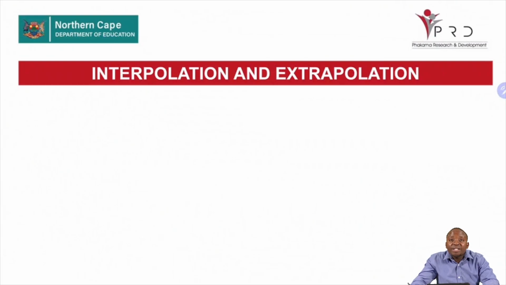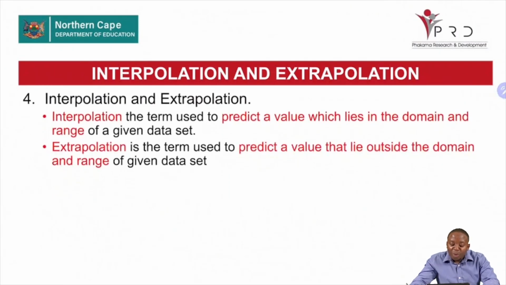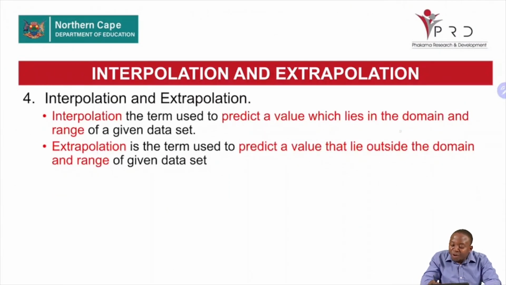Again, from the data that we've received, we have used interpolation and extrapolation. When we interpolate, we are predicting a value which lies within the domain and the range of the data set. It is a value that is not in the data set, but that value is within the minimum and the maximum values.